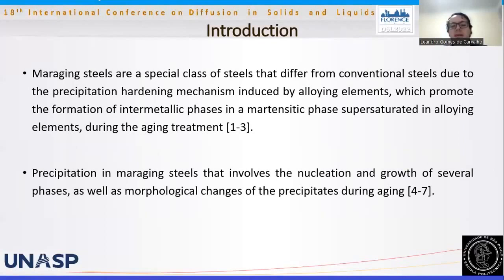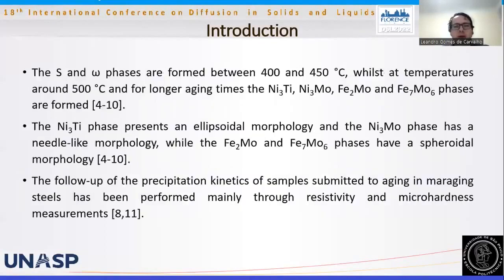the precipitates during age. The S and omega phases are formed between 400 and 450 Celsius, whilst at temperatures around 500 Celsius degrees, and for longer age times, the Ni3Ti, Ni3Mo, Fe2Mo, and Fe7Mo6 phases are formed.